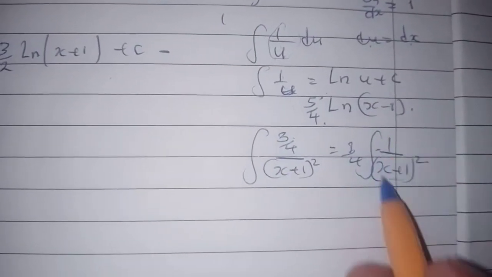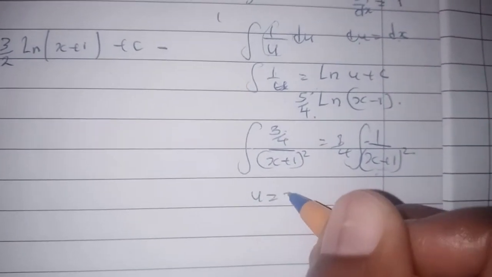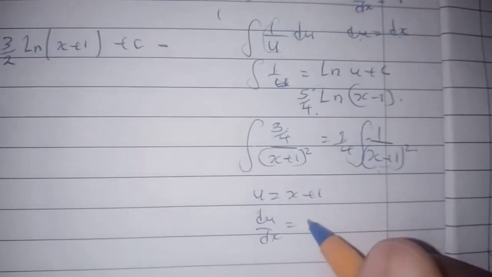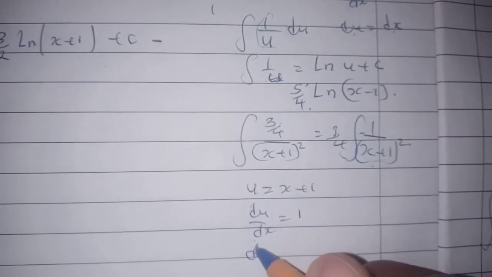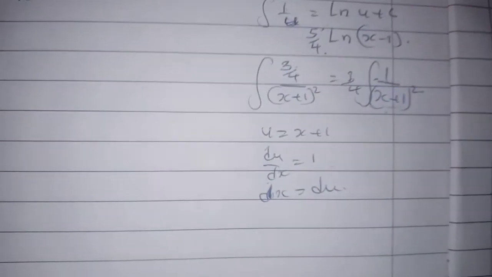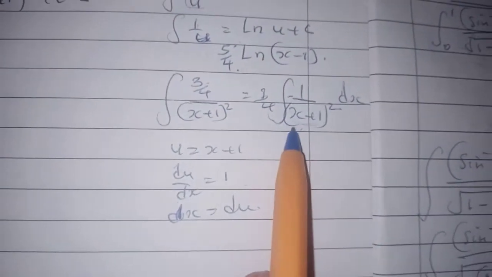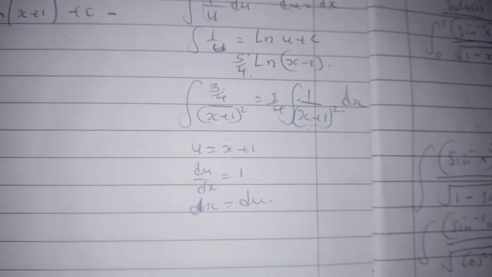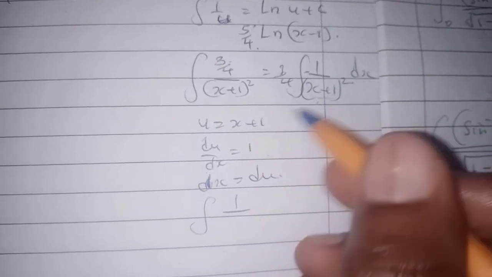Say u equals x plus 1. Therefore, du dx is 1, so du equals dx, since we are integrating in terms of x. Our integral was 1 over x plus 1 squared, where x plus 1 is u, so u squared equals what?